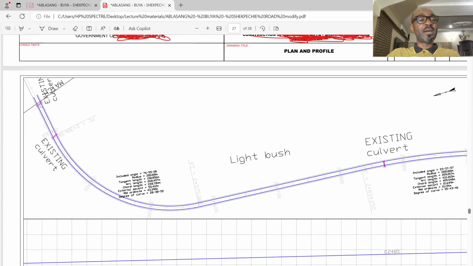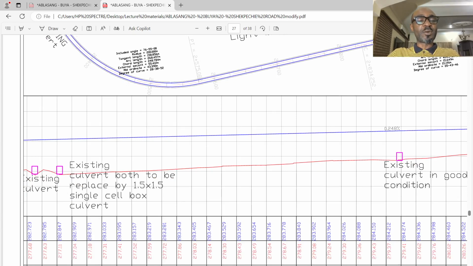As you can see, the designer actually indicates where you have the bridges. These are signs, symbols. If you check the typical information they gave above, these are signs for the bridges and the culverts that were existing, and even at the cross section, he has indicated it, the box, and he said 1.5 by 1.5. This one, existing culvert in good condition, this will not be tampered with.